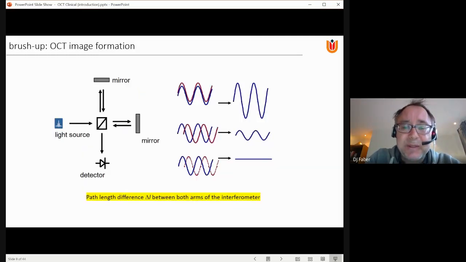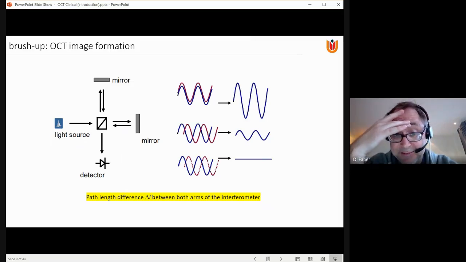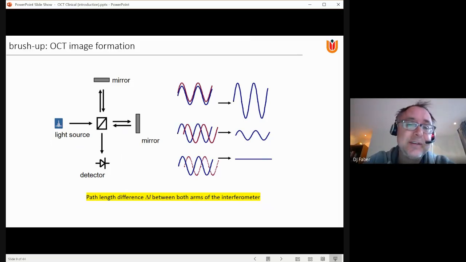Okay, so let's brush up a little bit. This is, on the left-hand side, a schematic of a Michelson interferometer, which is illuminated by a light source. That's the blue box from the left. Light is split by a beam splitter into two paths, going to two mirrors, bounced back from the mirrors, and then directed towards a detector. Depending on the positions of the mirrors, you can have constructive interference between the two waves reflected from the two mirrors.